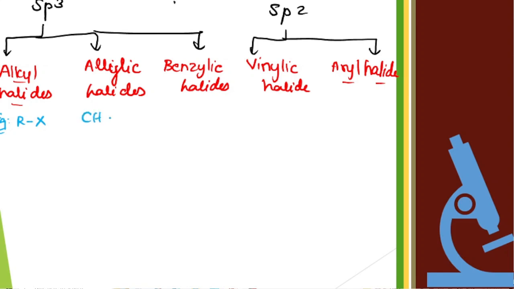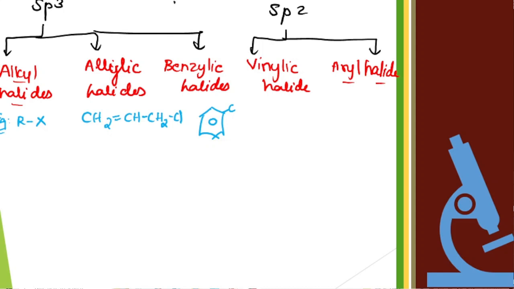You have the double bonded carbon system, but your Cl is attached to the carbon that has sp3 hybridization. Clear? Then benzylic halide. In benzylic halide, your halogen will not be directly attached to the benzene.